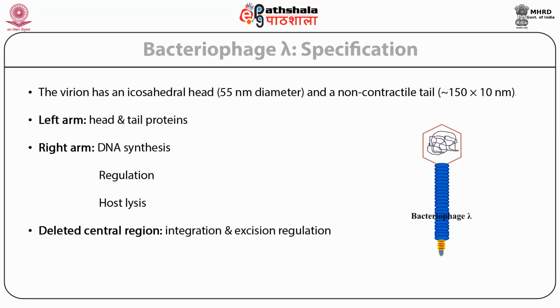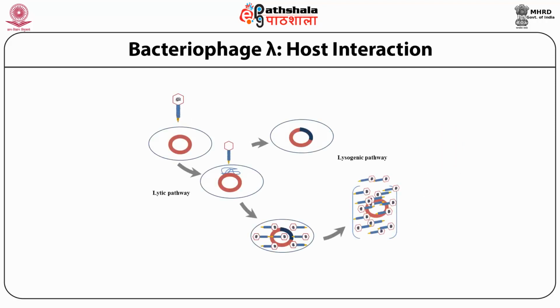Bacteriophage lambda adheres to the cell membrane of its host and injects its DNA into the bacterium. After entering the host, the linear double-stranded DNA molecule gets cyclized through the cos site at the ends to form a circular DNA, like a plasmid. After circularization, it opts for one of two life cycles.